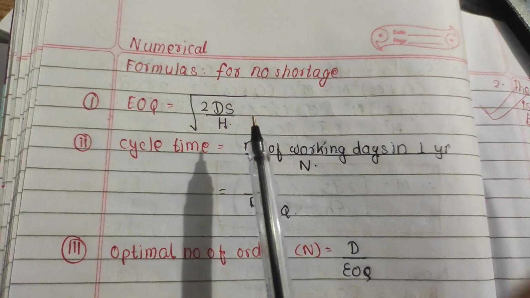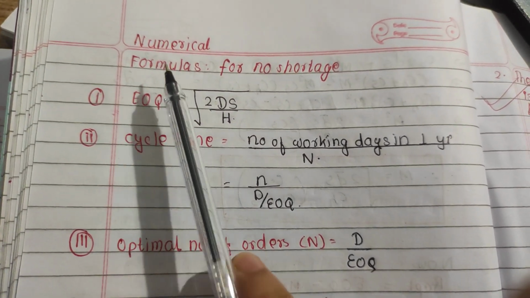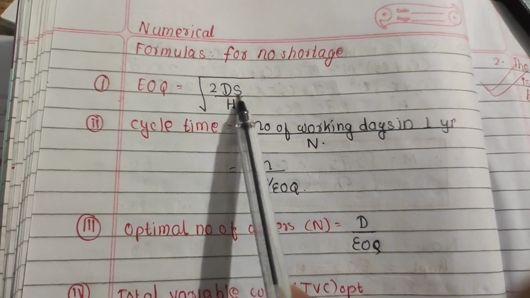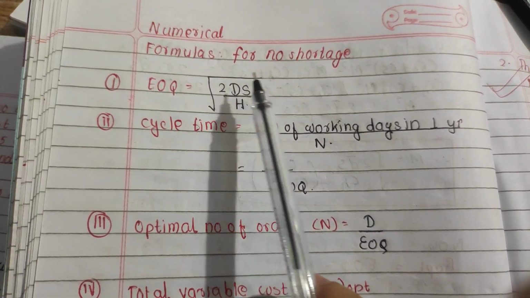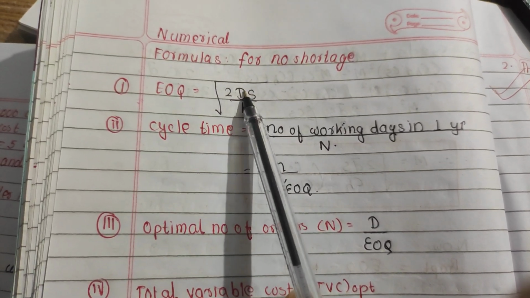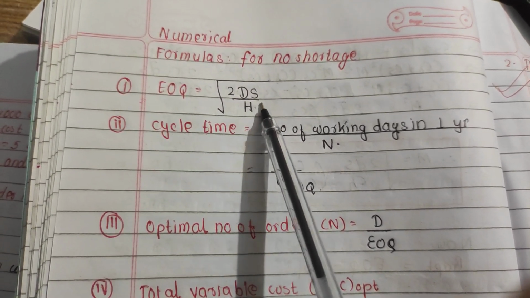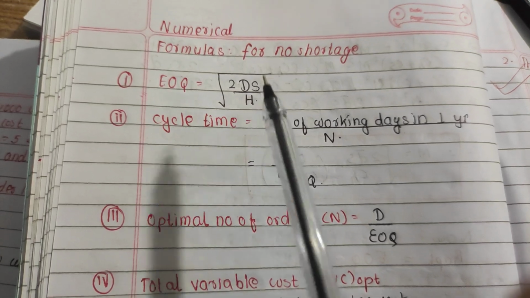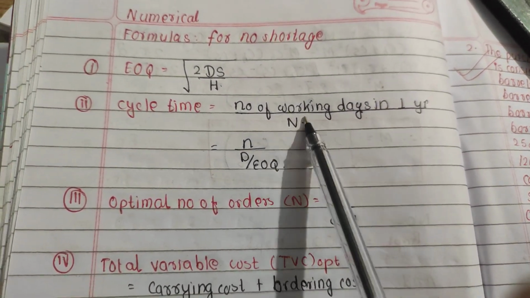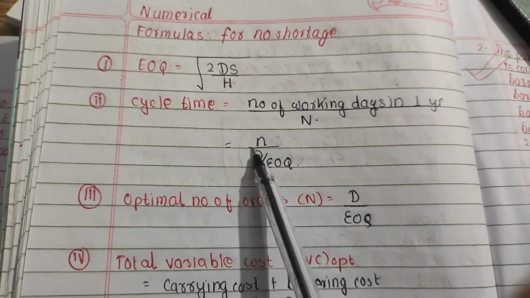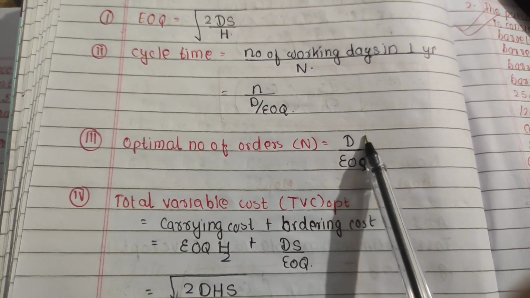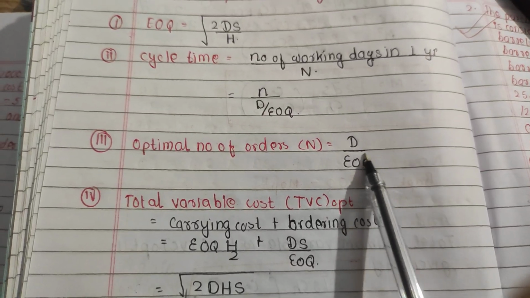Before solving the problem, we need to have a general knowledge about these formulas. EOQ is given by root over 2DS by H, where D is the annual demand, S is the setup cost or ordering cost, and H is the holding cost or storage cost. And cycle time is equal to number of working days in a year divided by N, where N is given by annual demand divided by EOQ, and the optimal number of orders is given by N equals D divided by EOQ.